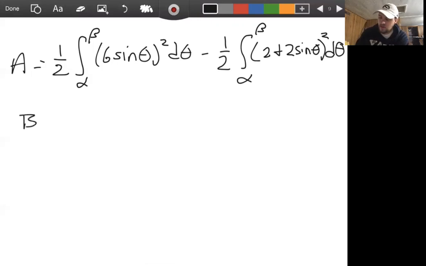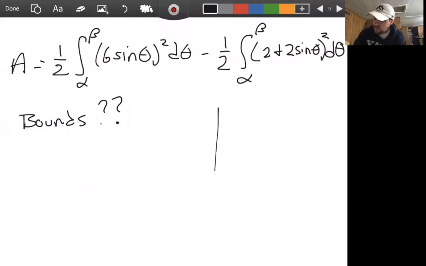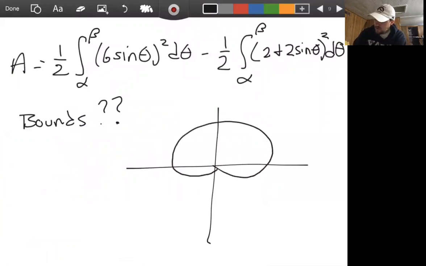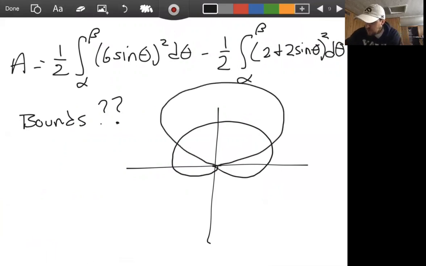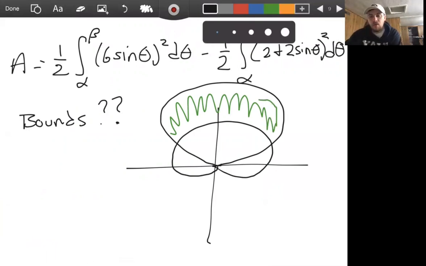So again, what are the bounds? Well, maybe I'll redraw the picture here. Then we have a circle like this. When we want this area that I'm drawing in green here, we would start and stop where these curves meet, right?